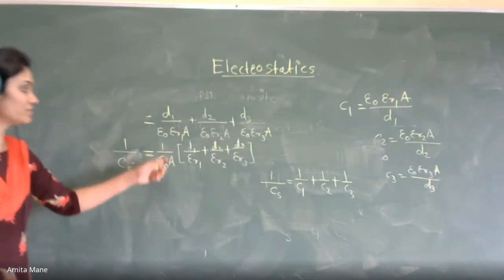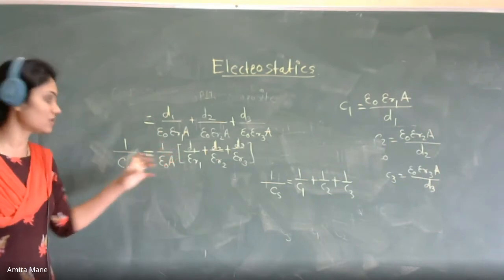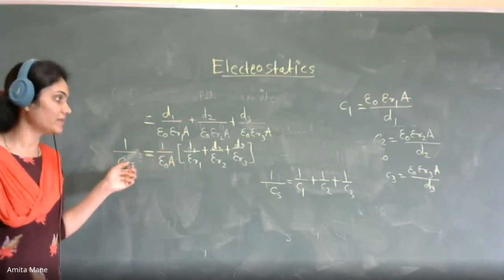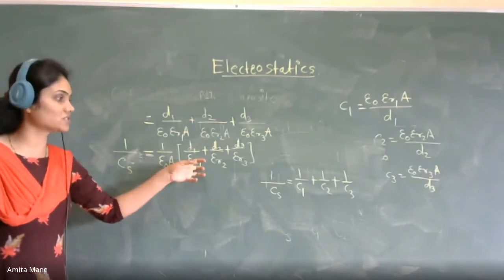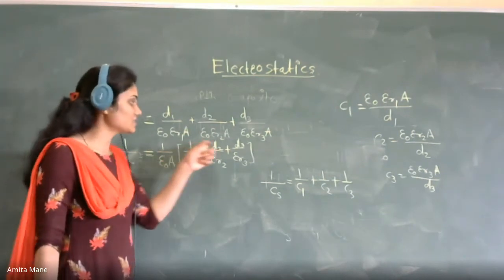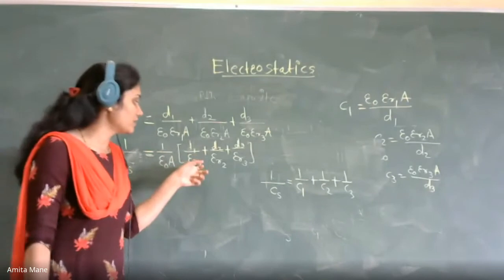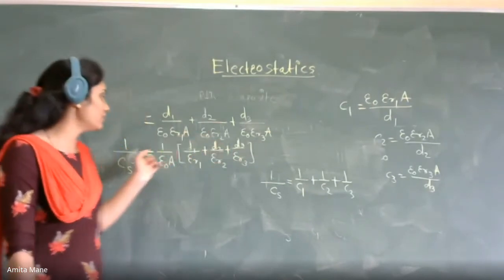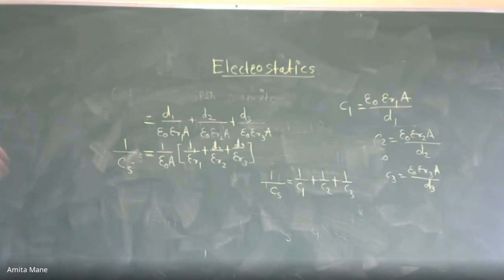Only common will be epsilon 0 into A. And hence the composite capacitor का जो capacitance है that will depend upon the type of material, permittivity, and the distance between the plates. अगर material change हो रहा है, then value of capacitance will get changed. Okay, ठीक है?